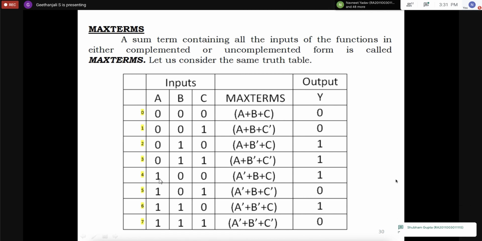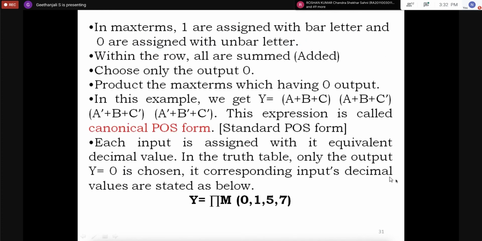Wherever you see 1, you have to put a dash. Then output y: 0, 0, 1, 1, 1. So what about 2, 3, 4, 6?